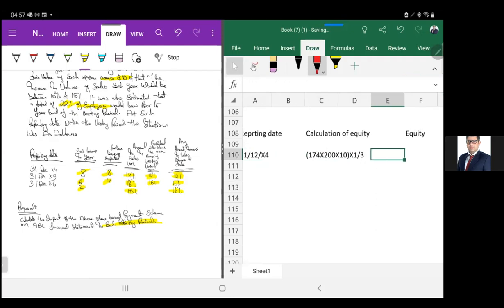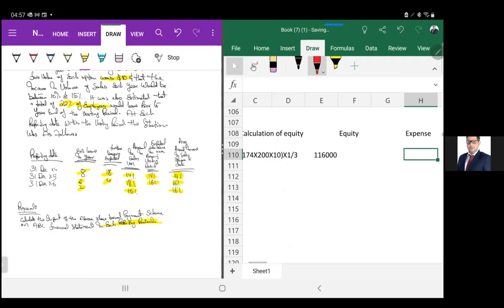Now for equity, it is equal to 174 multiplied by 200 options multiplied by 10 is the fair value at grant date, multiplied by 1 year over the 3 years, what we will get is 116,000, right? 116,000 is the expense as well. So what I will do, simply connect it.